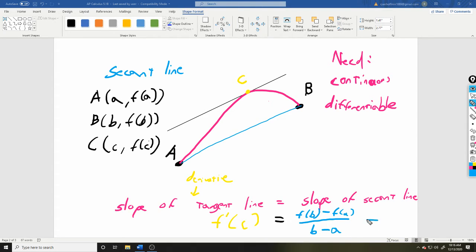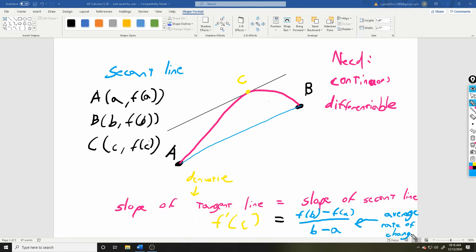This is also going to be an important formula. Not only is this going to be the slope of the secant line, what we're going to talk about later on is this is also going to be the formula for average rate of change.